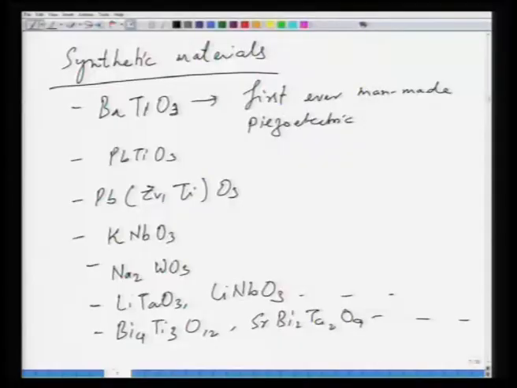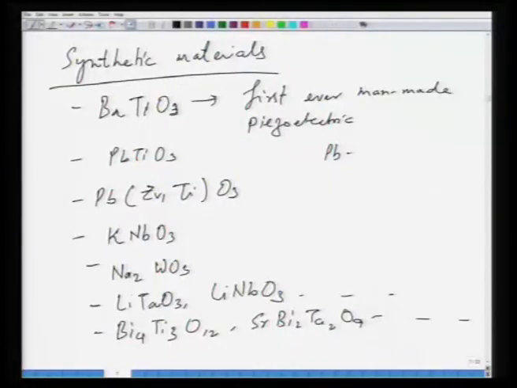Before we do that, just a small remark on the previous slide. If you look at it here, most of the materials which have piezoelectric effect tend to contain lead, and this lead nowadays has been termed by a variety of countries as a poisonous material. So, one needs to find an alternative to the lead containing materials, which means we need to find lead free materials, and there are some lead free materials.